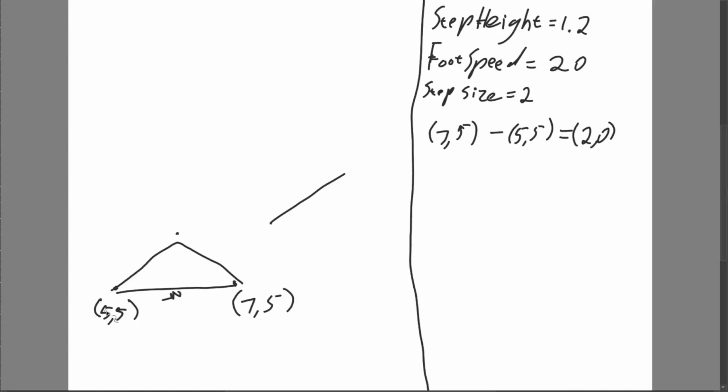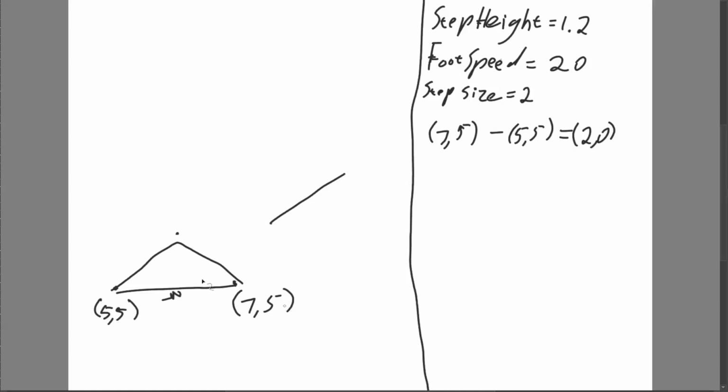So to get from here to here, we need to follow a vector with an x component of 2. That means we're moving 2 in the positive x direction and 0 in the y direction, straight and level.